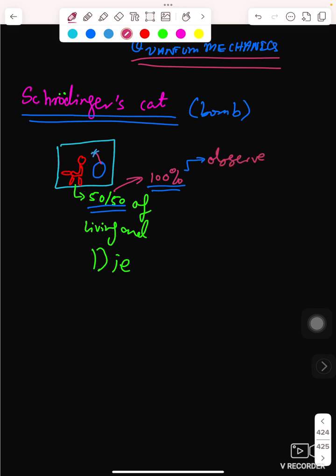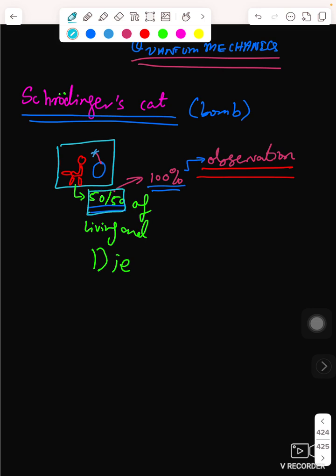Observation. What I mean by observation is we know that this bomb can explode and cannot explode. But what's our interpretation? How do we know it will explode and will not explode?